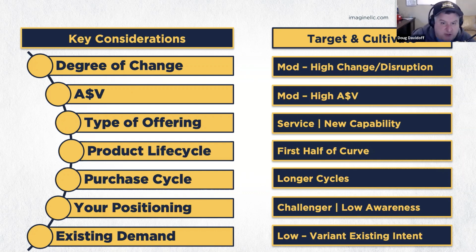You're in a challenger position, or there's not a lot of awareness in the market about your solution. And low to variant existing intent. So there's not a lot of people that are actively looking. You know, if your market's overwhelmed with people that are actively looking and wanting to buy, then programmatic is in all likelihood going to be the right game plan for you for at least that part of your business.